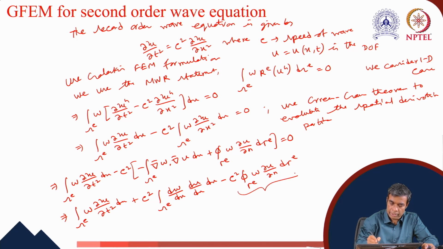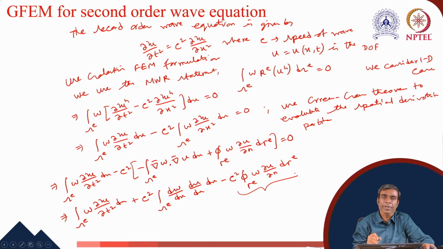So here this is the boundary integral term, which we can consider as the NBC term. If we consider the strong form, both the EBC and NBC are defined for our case.